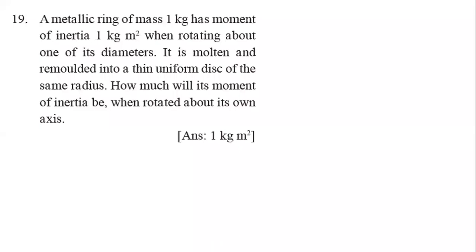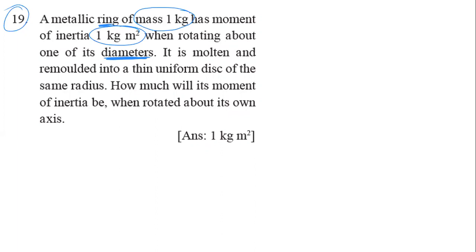Now, the next problem is problem number 19 from the exercise. Now let's see. A metallic ring of mass 1 kg, mass is given, has a moment of inertia 1 kg meter square, moment of inertia is given, when rotating about one of its diameter. The axis is about diameter.